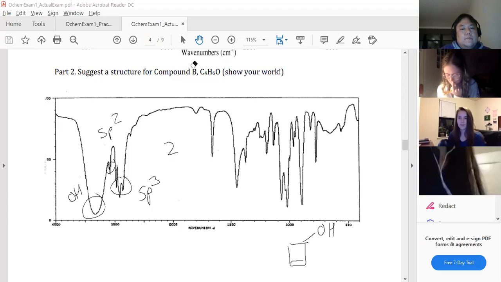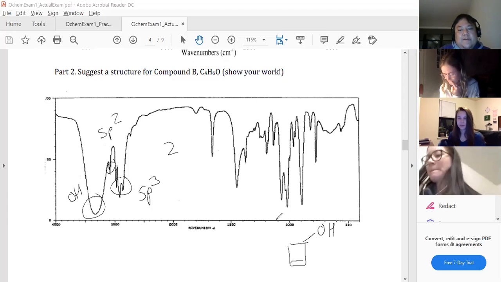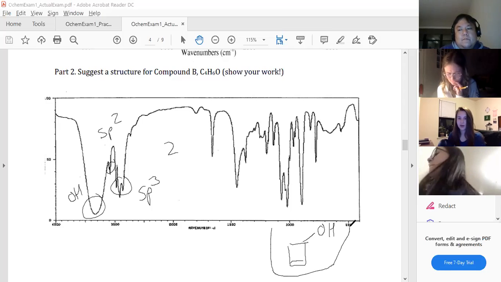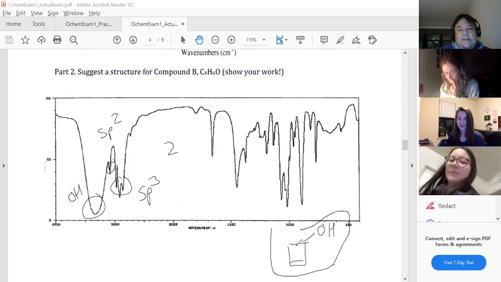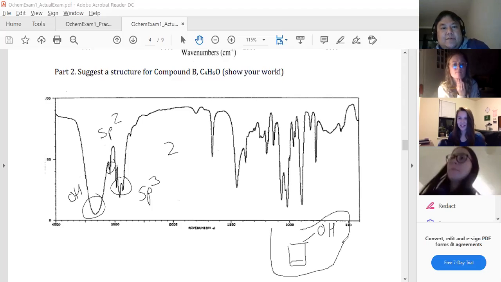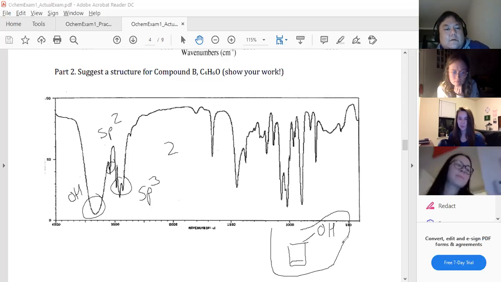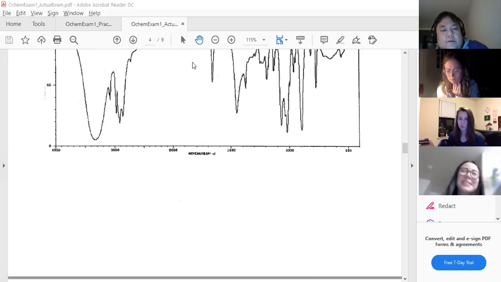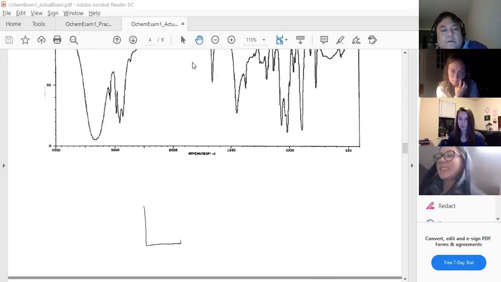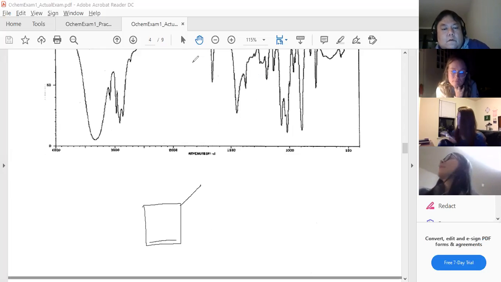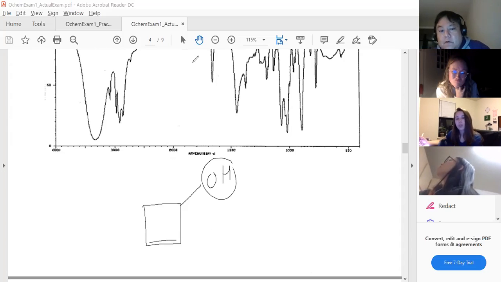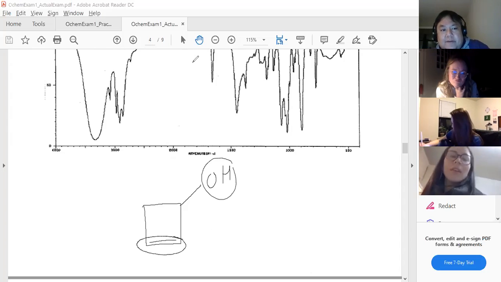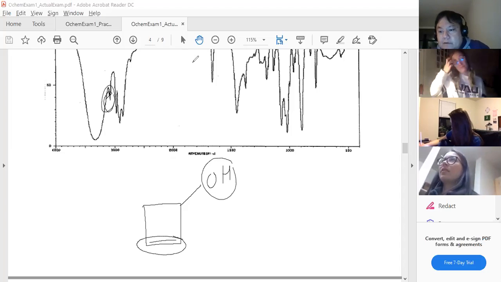Are you guys okay with this one here that I drew? I'm going to scroll down a little bit. So when I draw this, I have an alcohol, right? Which I said I had to have. I have sp2 carbons, right? That's here, correct?